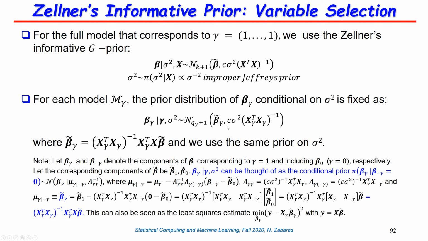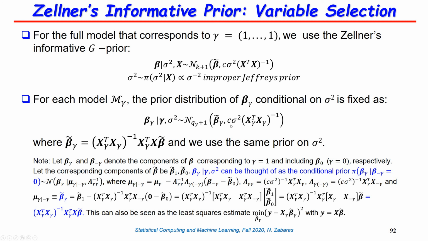what exactly do I use for tilde of beta gamma, and what exactly do I use for x gamma? And even more importantly, what do I use for C?